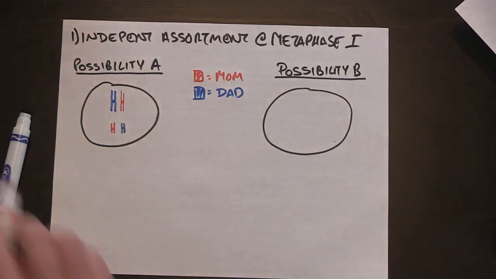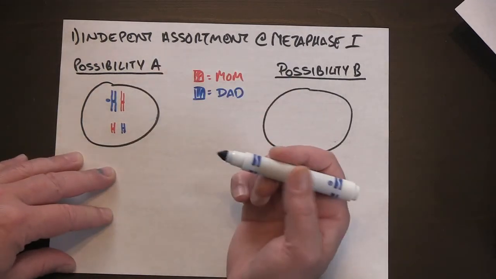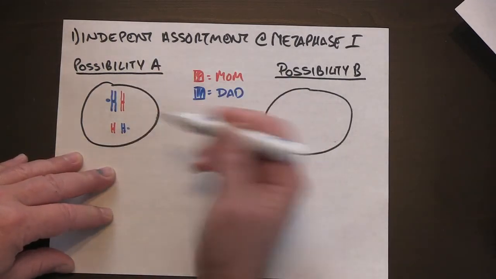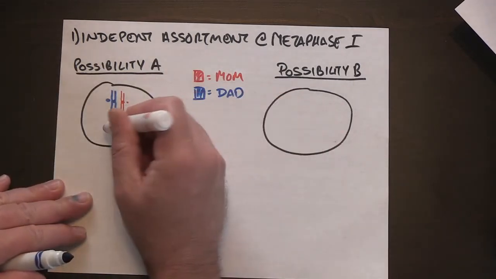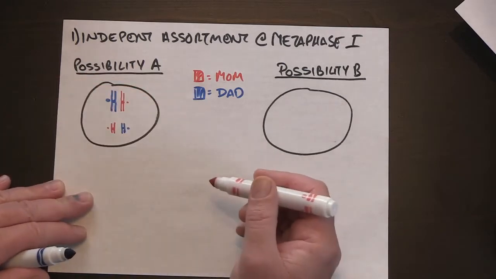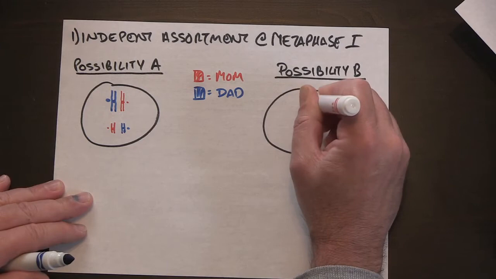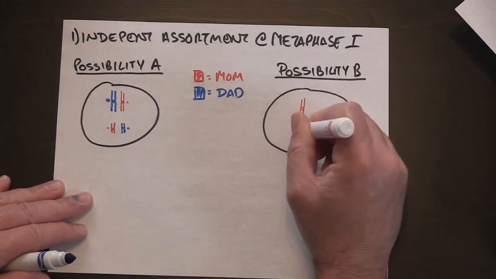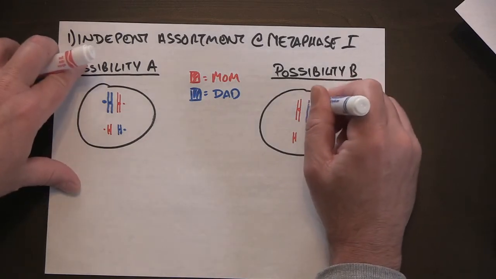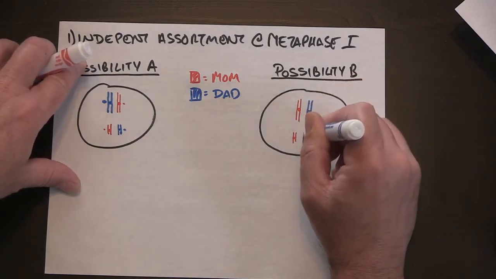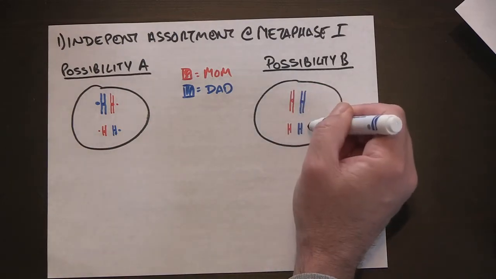So one way these could line up during metaphase is you'll have your dad's big one on one side of the cell and the smaller one on the other side, and then your mom's big one on one side and the smaller one on the other side. The other way these could line up is they could be on the same side, like this. So moms are all on one side and dads are all on the other side.